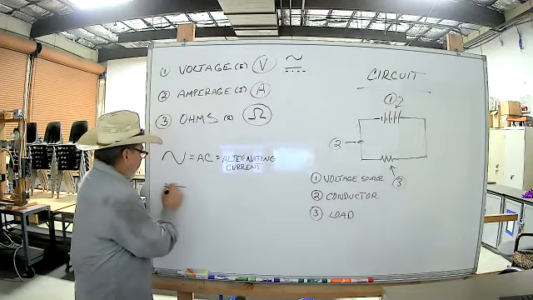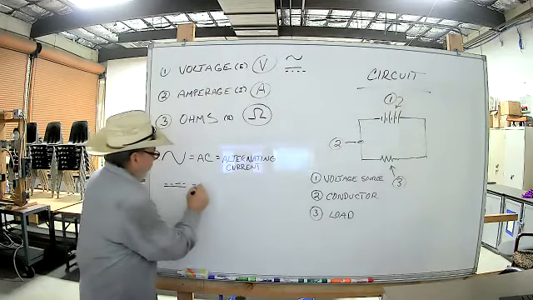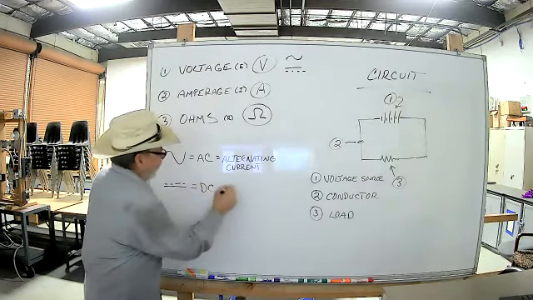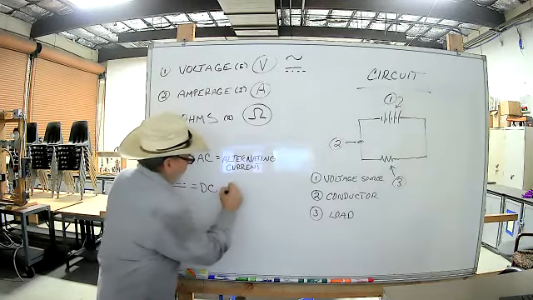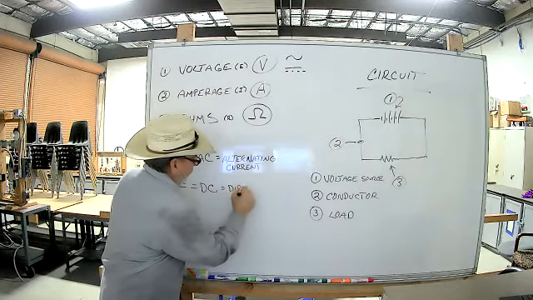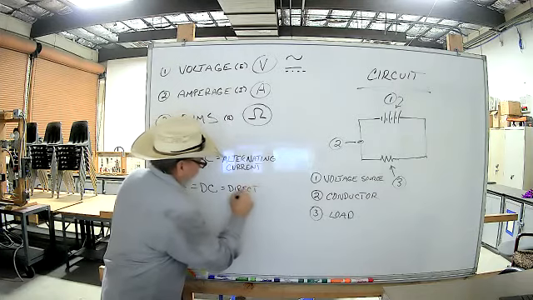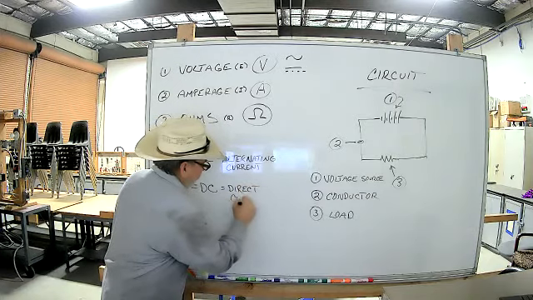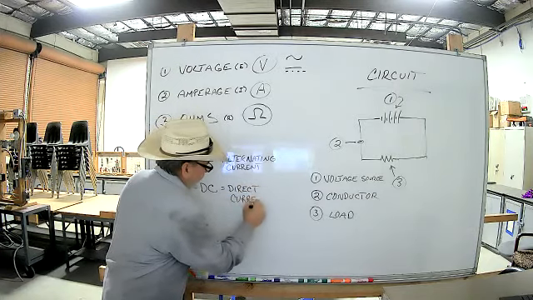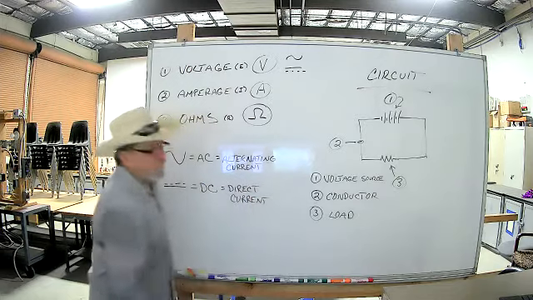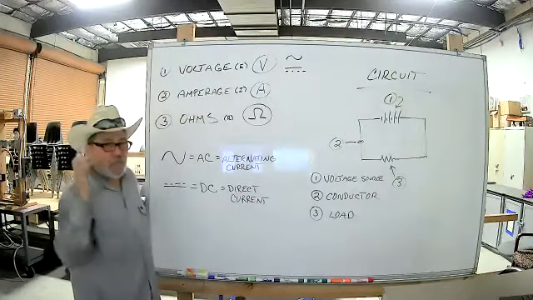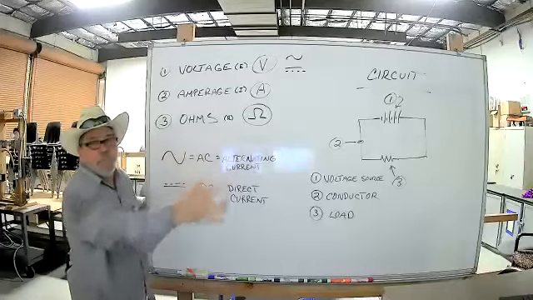So this equals DC, which stands for direct current. Direct current is just current. It doesn't go back and forth. It's just one direction all the time.